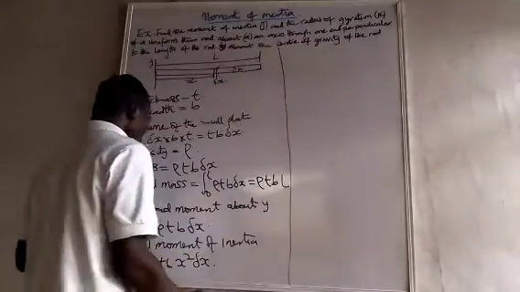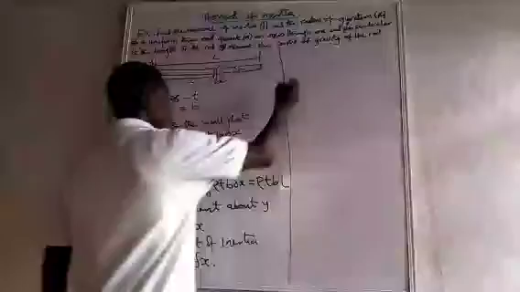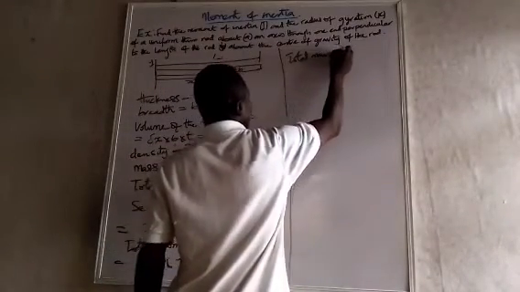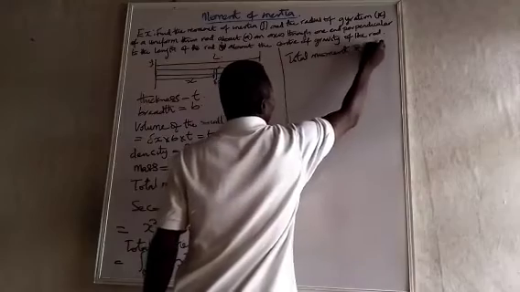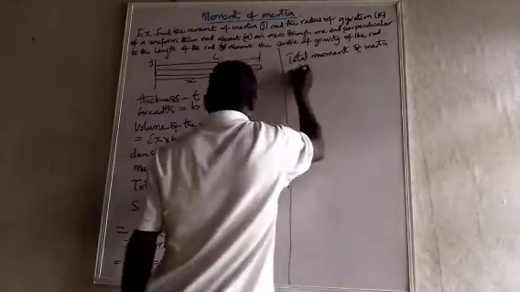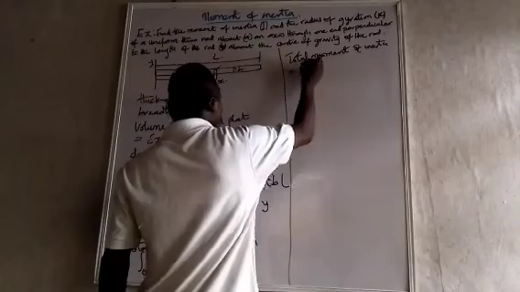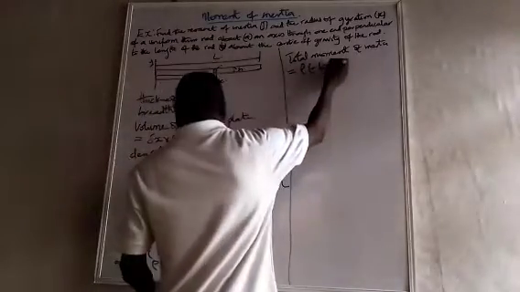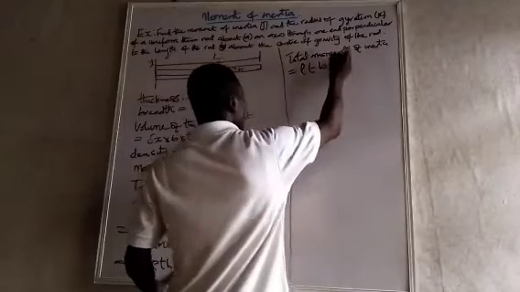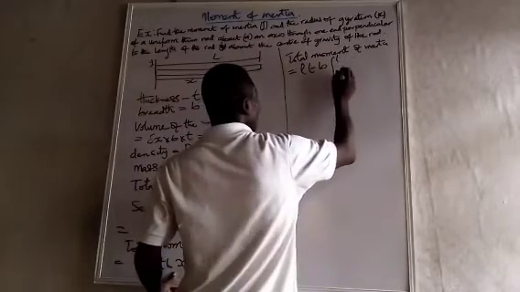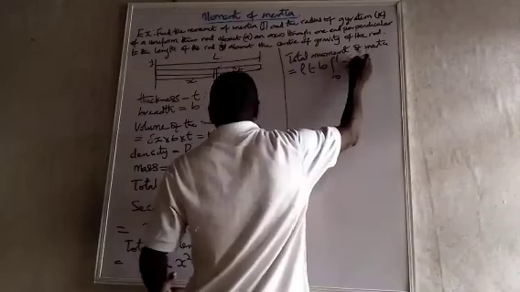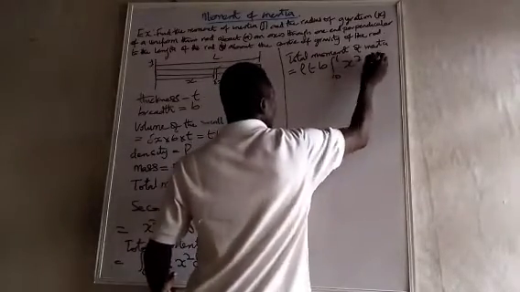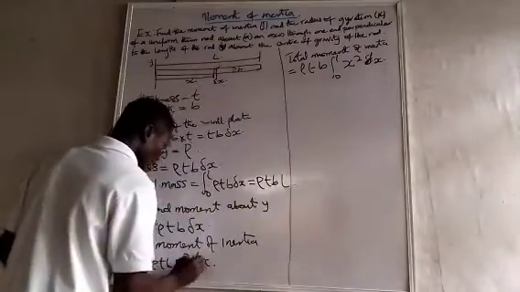So this total moment of inertia, I will continue here. Total moment of inertia is going to be rho T B integral from 0 to L of x squared dx.